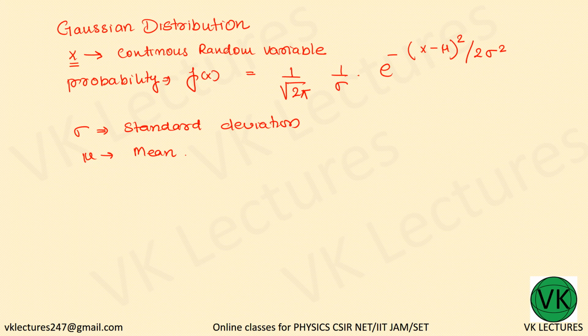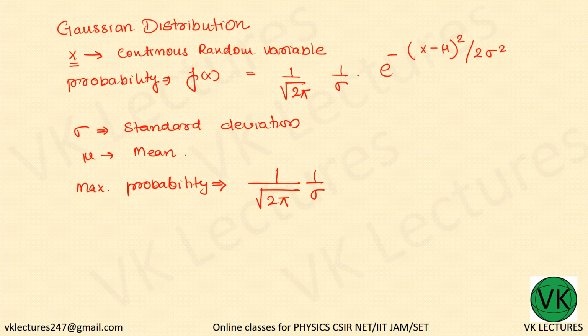The maximum probability is when the entire exponent term becomes 0, and thus the maximum probability becomes 1 by root of 2 pi into 1 by sigma. So this is the maximum probability it can have.